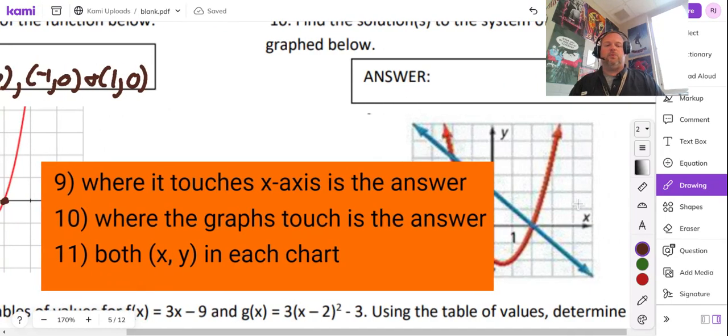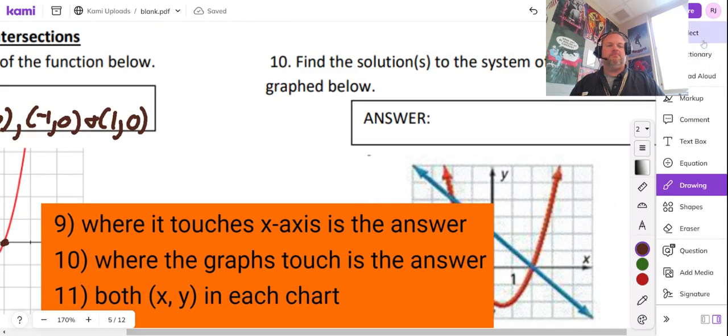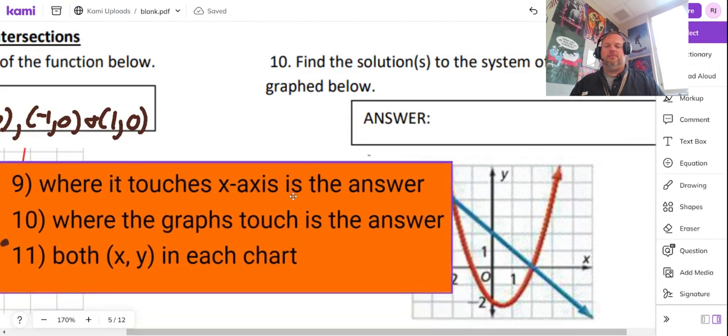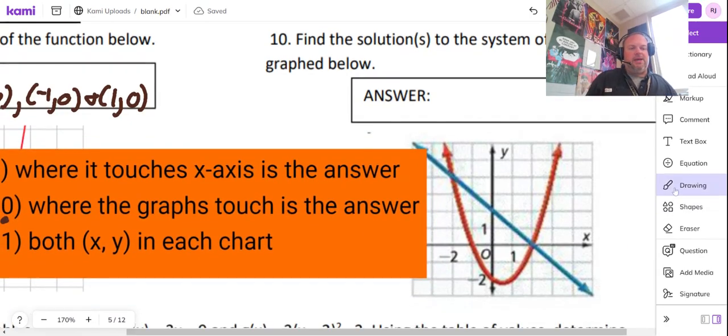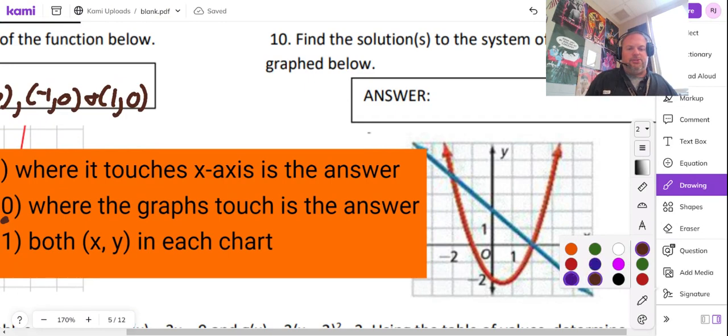Number 10 is where the graph touches each other. So it happens to touch here and here.